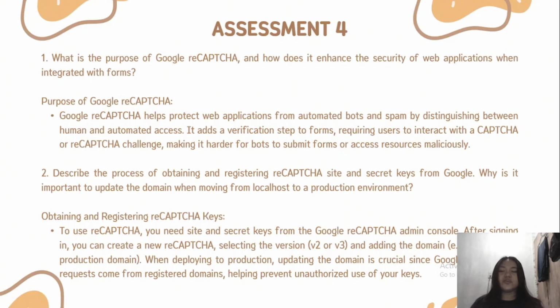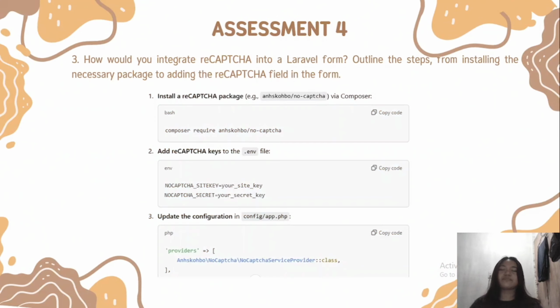After signing in, you can create a new reCAPTCHA, selecting version 2 or version 3 and adding the domain. When deploying to production, updating the domain is crucial since Google verifies that requests come from registered domains, helping prevent unauthorized use of your keys.